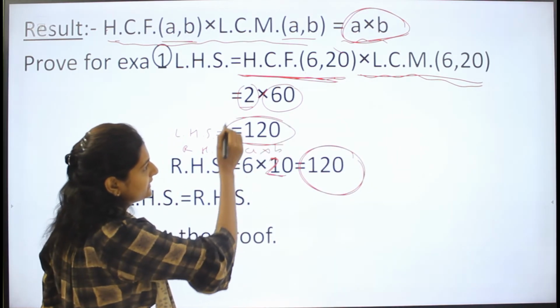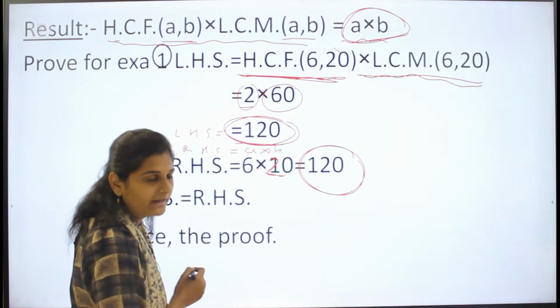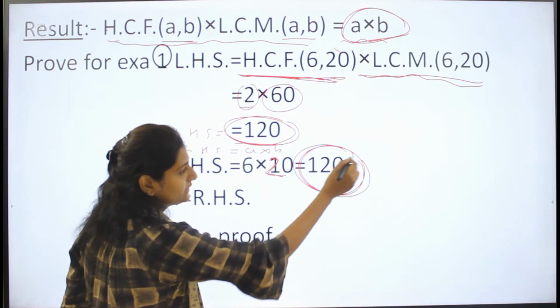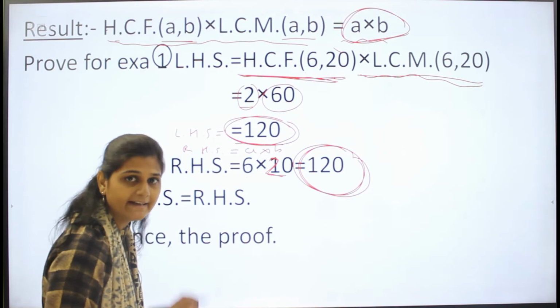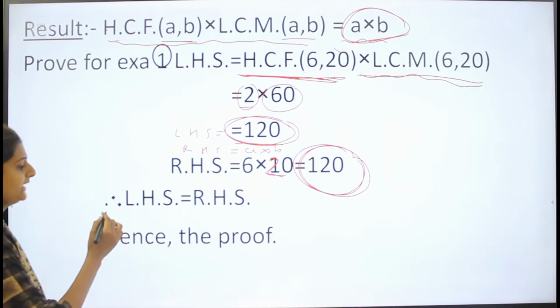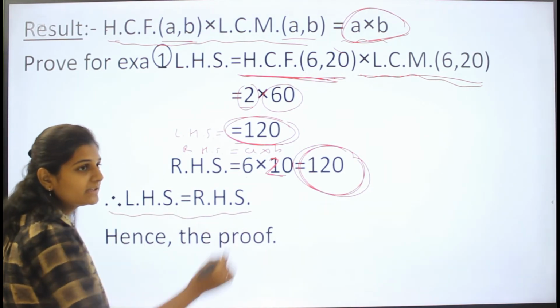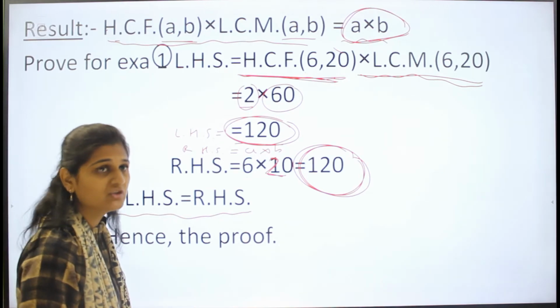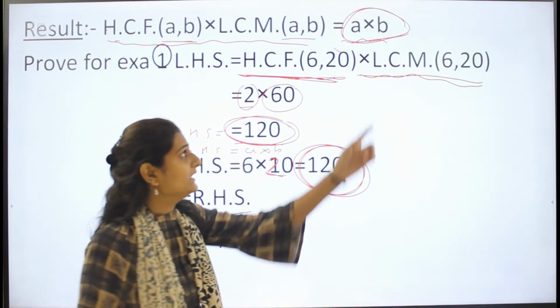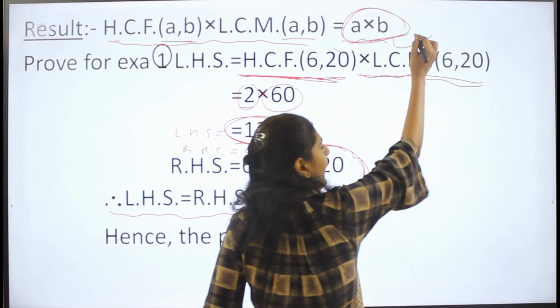Now see, the LHS is 120 and the RHS is also 120. That means LHS is equal to RHS, so this formula is applicable.